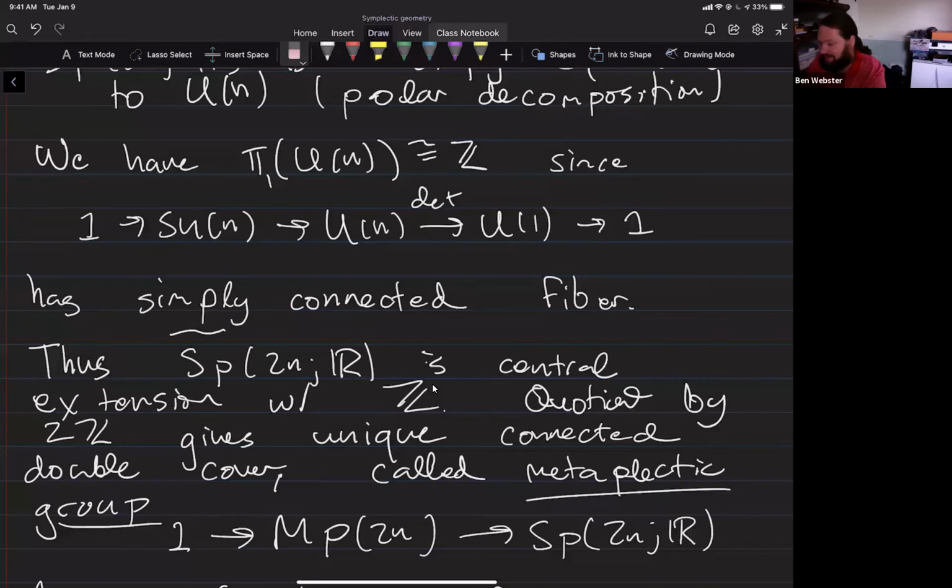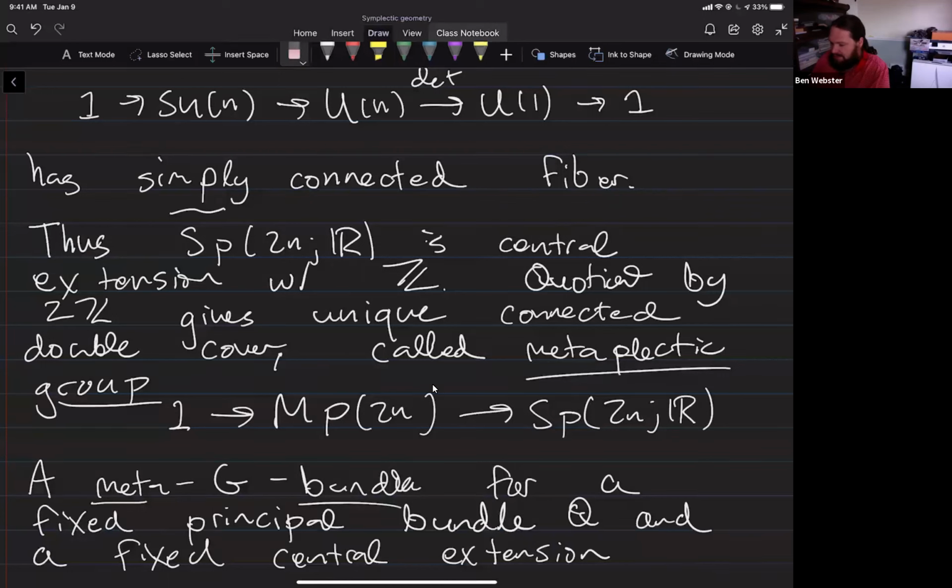But we actually aren't going to want that full central extension. We're going to want to mod out by the even things to get a double cover. So this abstract algebraic topology shows that the symplectic group has a unique double cover called the metaplectic group.